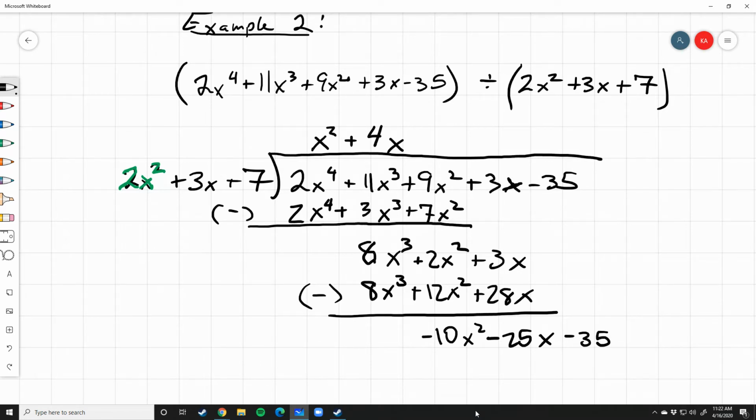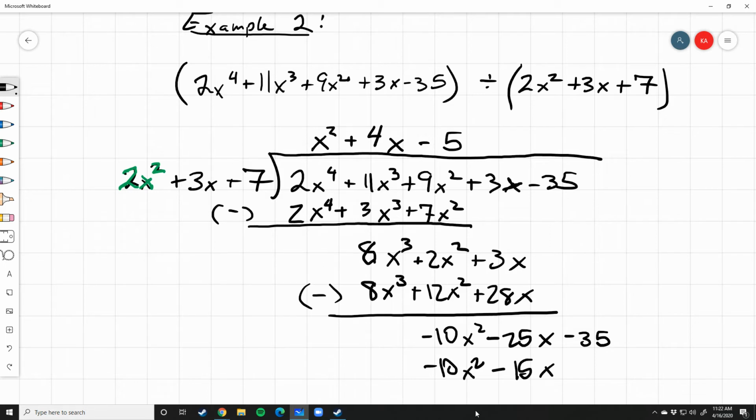We can say, well, okay, 2x squared is going to go into negative 10x squared, negative 5 times, right? Or in other words, negative 5 times 2x squared gives us negative 10x squared. And we'll multiply negative 5 by every term in the divisor, so negative 5 times 2x squared gives us what we expect. Negative 5 times 3x gives us negative 15x.